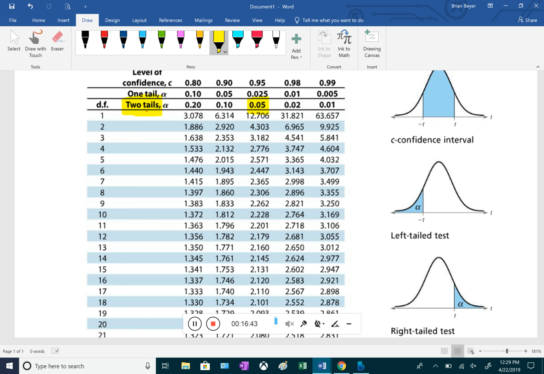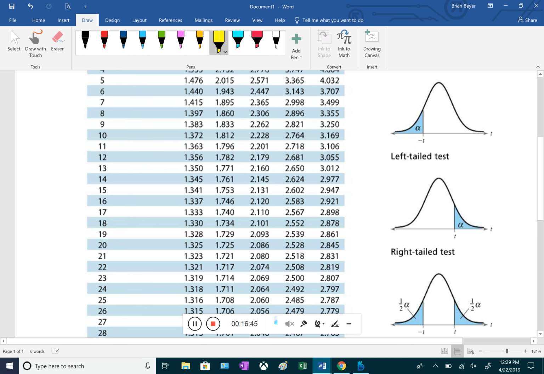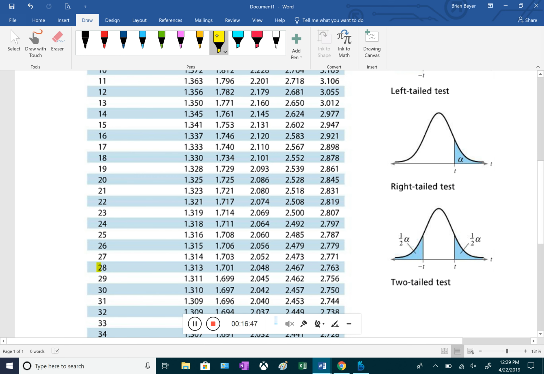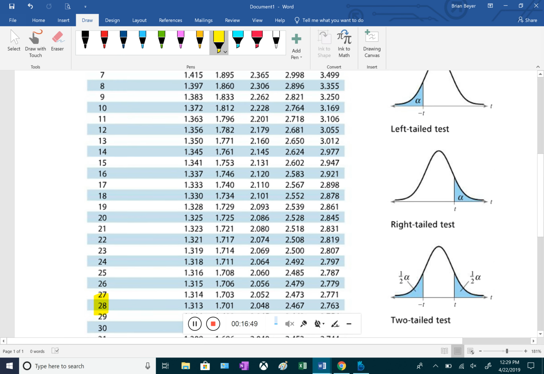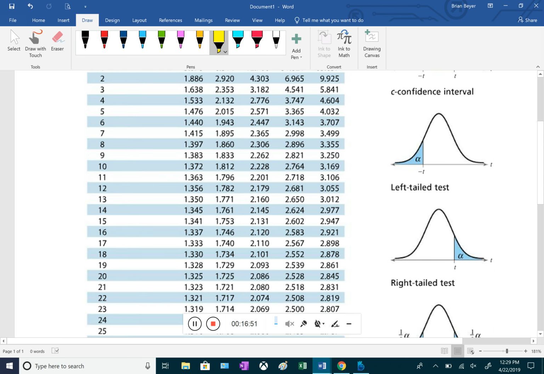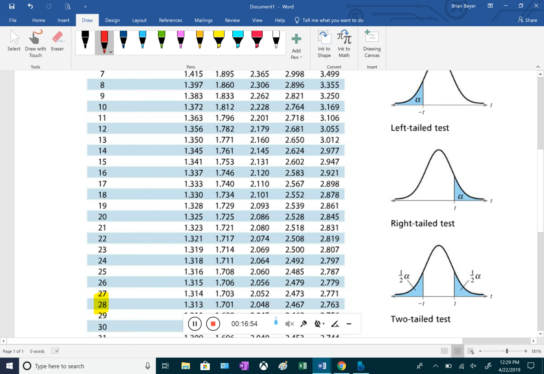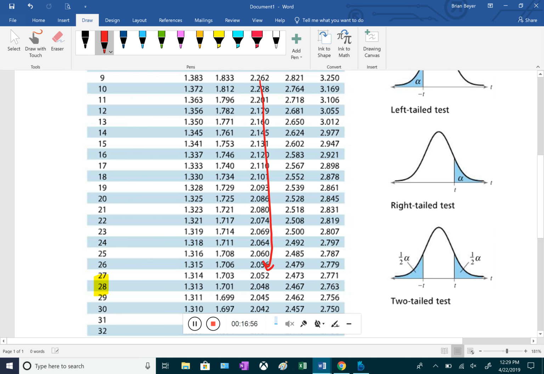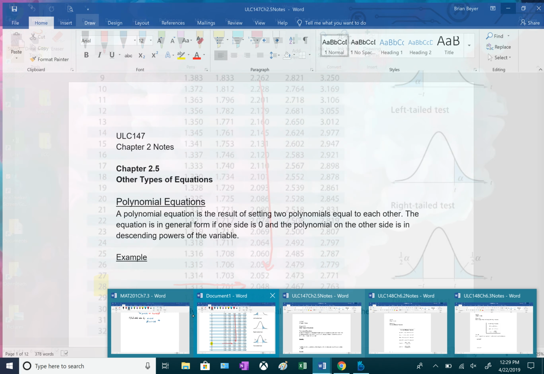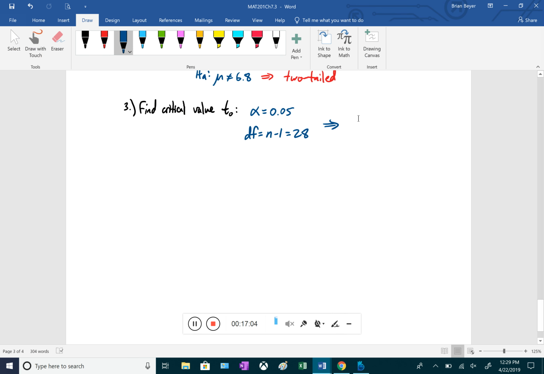And the degrees of freedom being 28 are down here. So that's the middle column. So that's going to be this value right here, 2.048. So that is our critical value t.